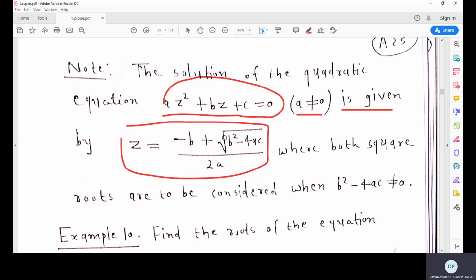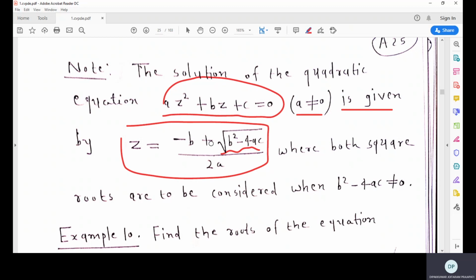You are already familiar with this formula in the case of real numbers: minus b plus under root b square minus 4ac upon 2a. Here I have not written the negative sign. Actually it is plus or minus square root of this. But because we are considering complex numbers, there will be two values for the square root of b square minus 4ac, and they will be opposite of each other.